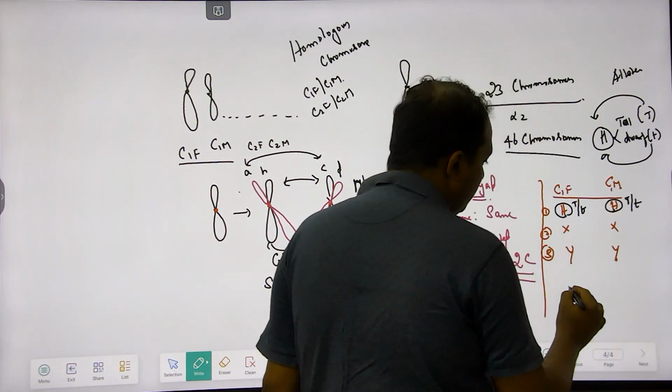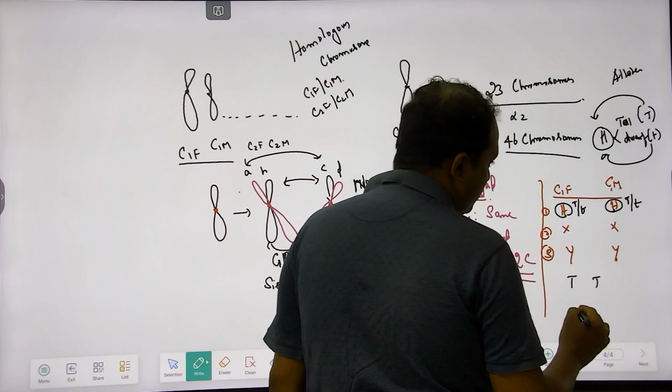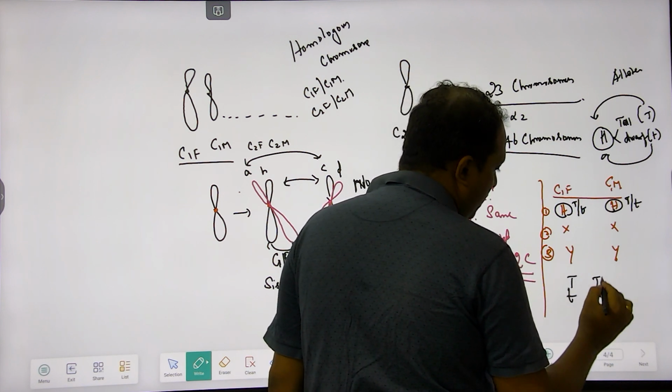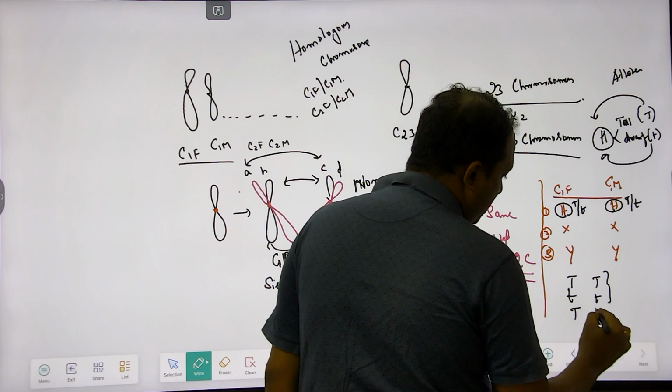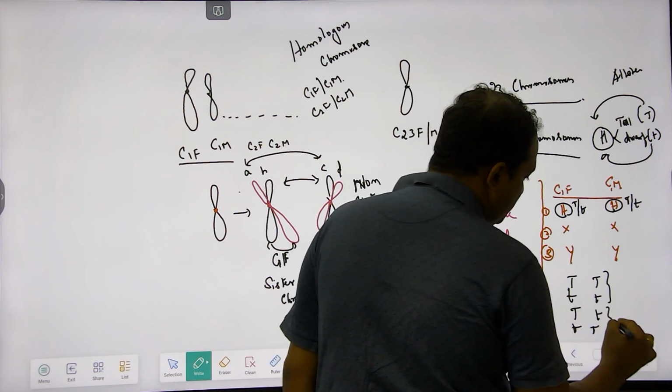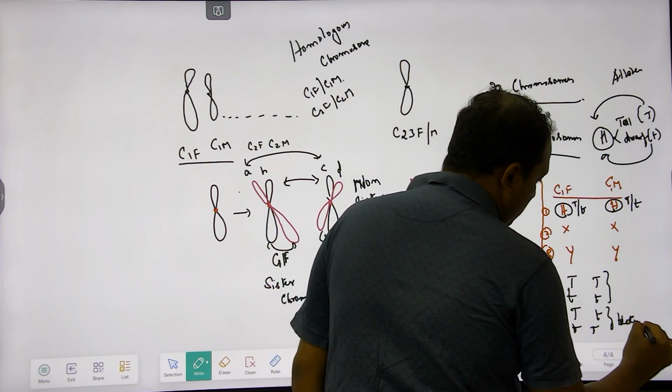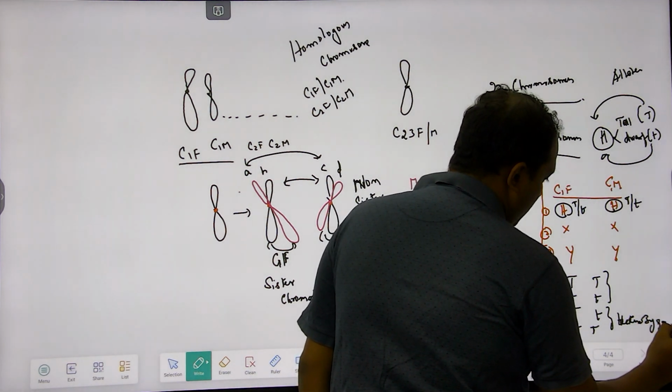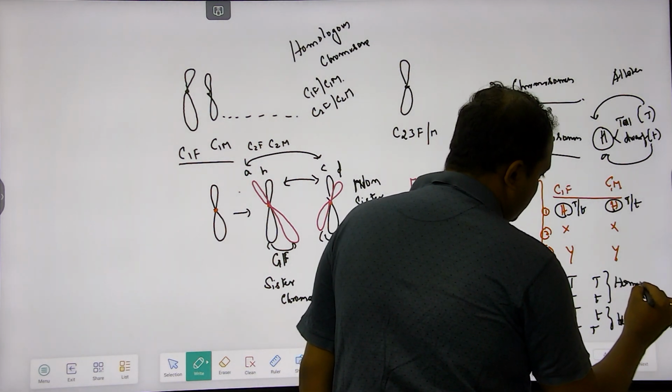So I can have capital T homozygous, or small t homozygous, right? Or capital T small t, which is heterozygous, and this is called homozygous.